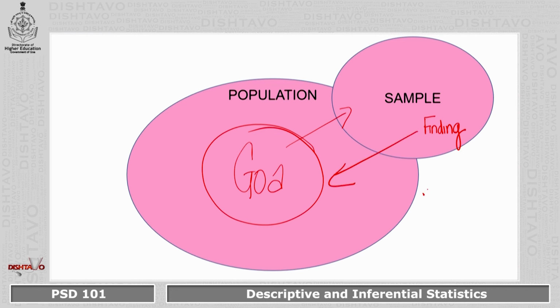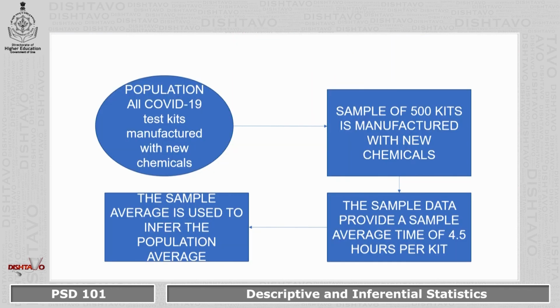It is a common misconception that population refers to only people. So we are about to bust that myth. A population can also refer to things. For instance, say I have a factory and my factory manufactures COVID-19 kits. I want to know how much my factory can prepare in a particular day.